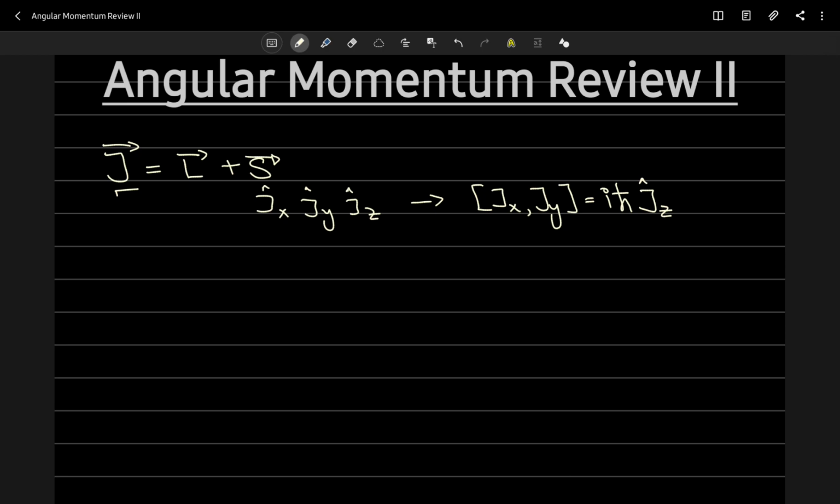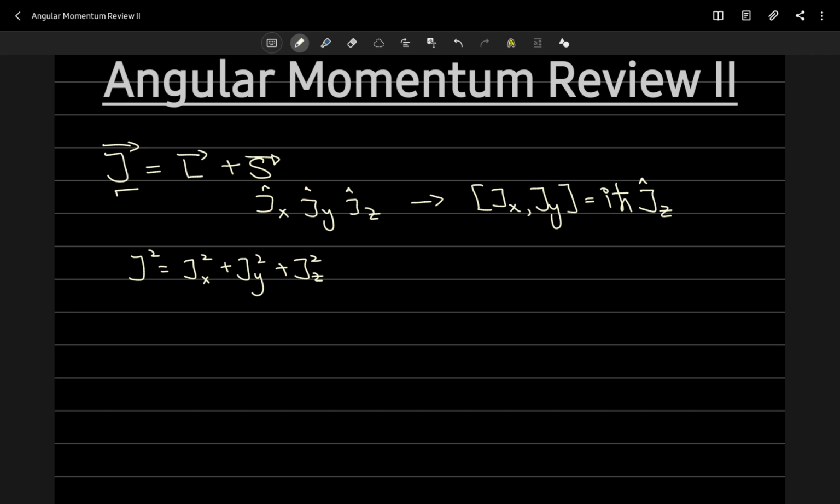Now, since we have J squared equal to Jx squared plus Jy squared plus Jz squared, it commutes with each component.